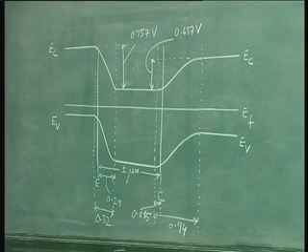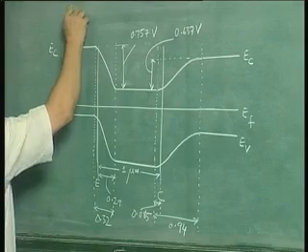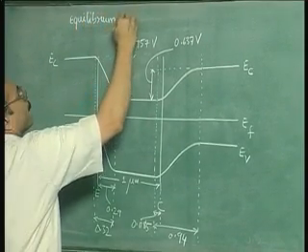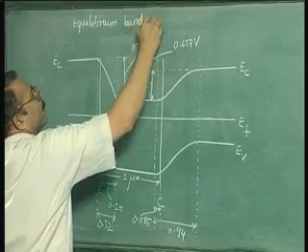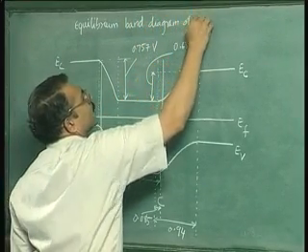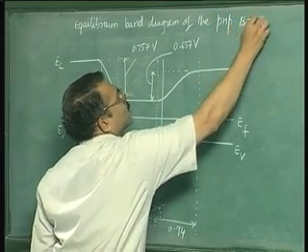So this is our energy band diagram under equilibrium. Let us write it down here. This is equilibrium band diagram of the PNP BJT.